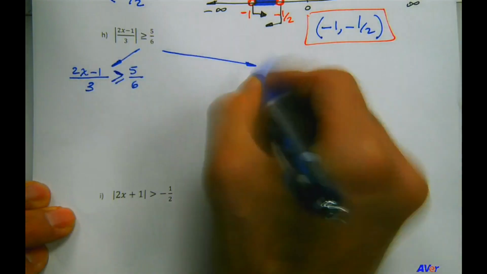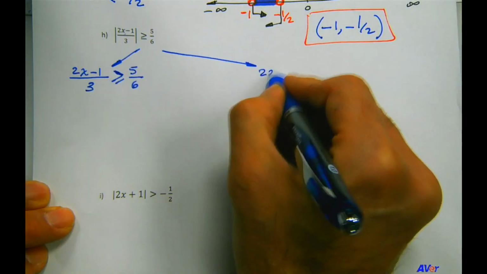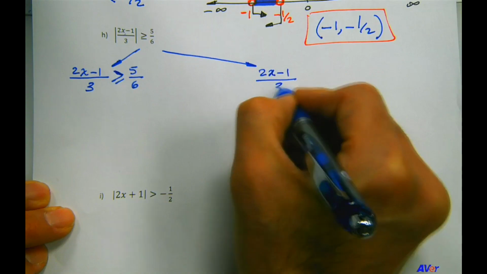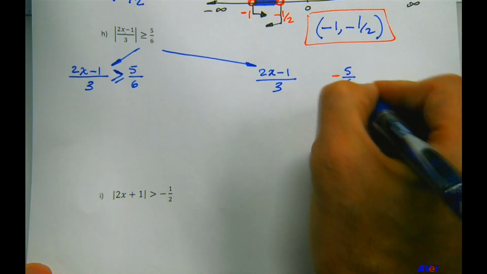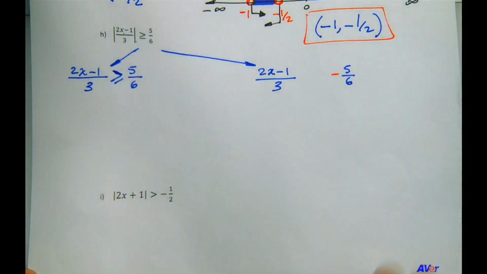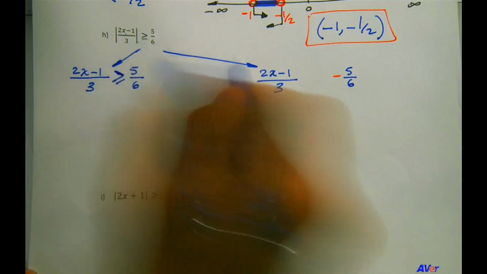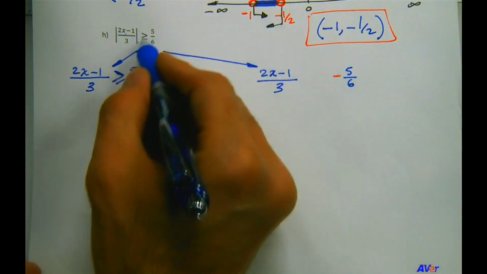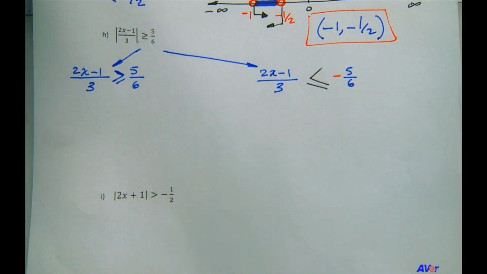The other one is the inside of the absolute value as it is, 2x minus 1 over 3. The other side gets multiplied by negative 1, so minus 5/6. Because of that, the inequality symbol will change direction, right? It's now that, so it'll change to that. Okay? All right.